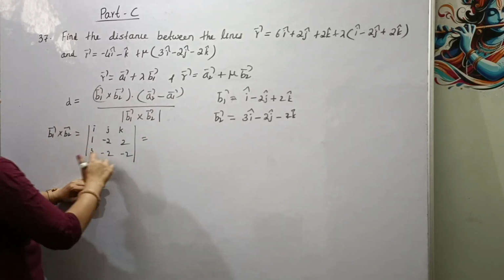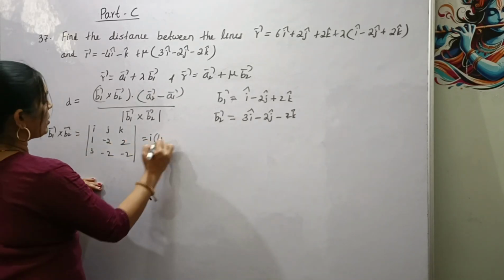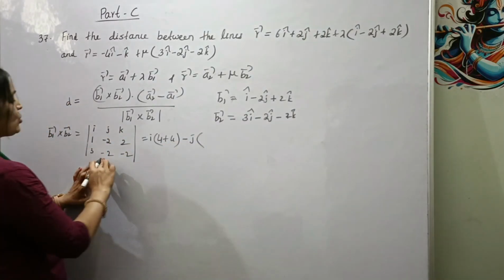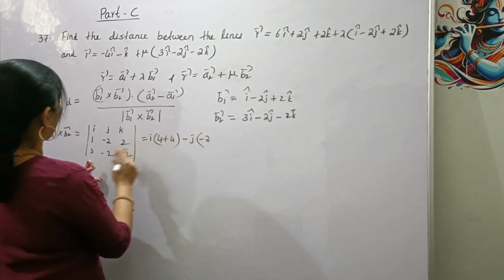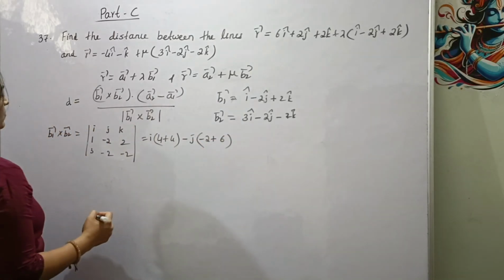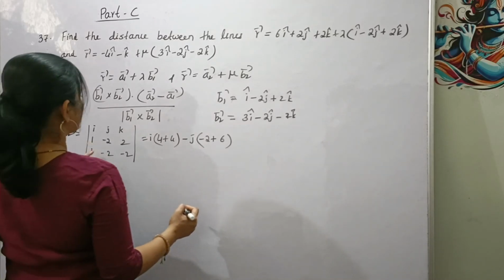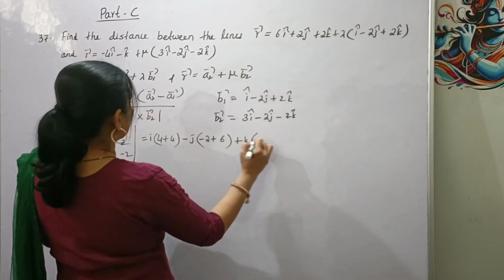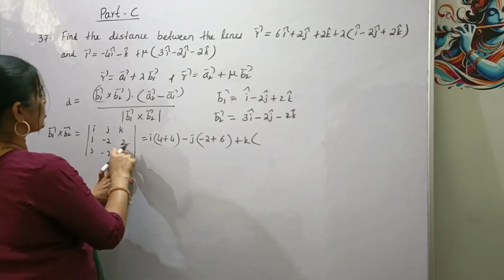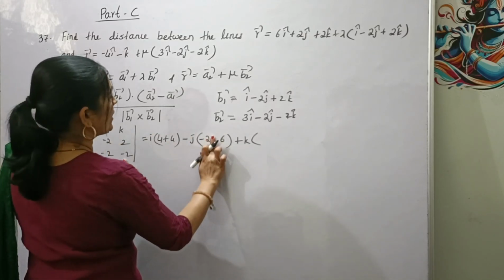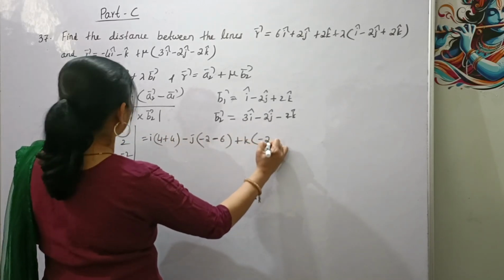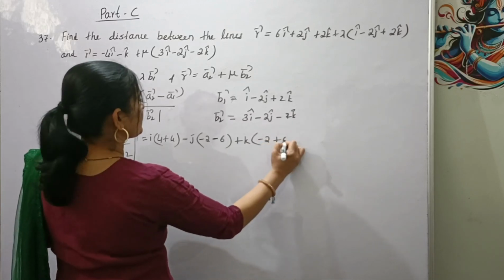Expand the determinant: i into 4 plus 4, minus j into minus 2 plus 6, plus k into minus 2 minus 6... sorry, minus j into minus 2 plus 6, plus k into minus 2 plus 6.